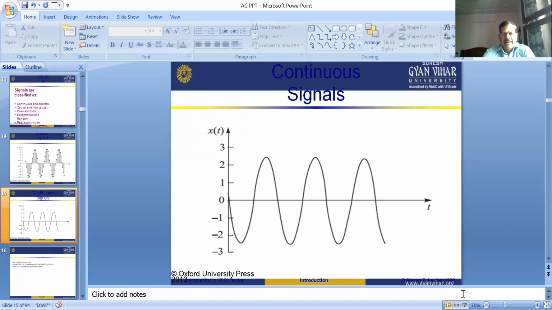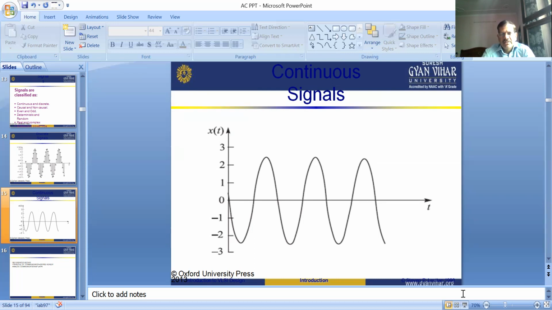But in a digital or discrete signal, the chance of interference and noise is very low, or minimum.